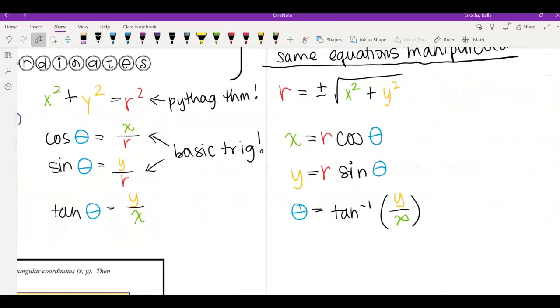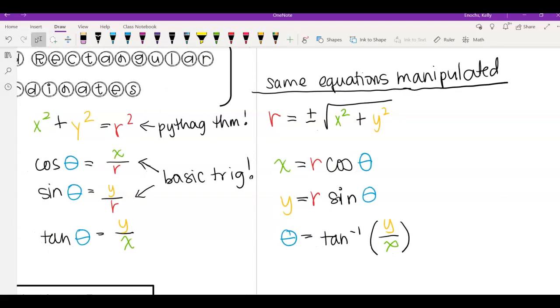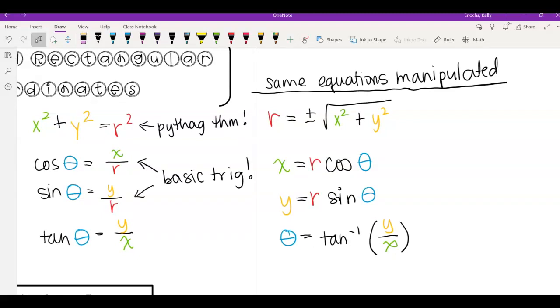So here are our manipulated equations. We took the square root to get r. Remember, when you take the square root, you get a plus or a minus answer, and that's going to give us two answers for all our r values, and we'll talk about that in a minute. For the x and y, we multiplied both sides by r, and that gave us r cosine theta or r sine theta, depending on if it was x or y.